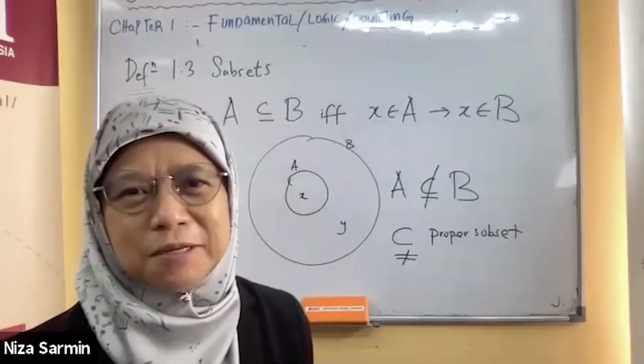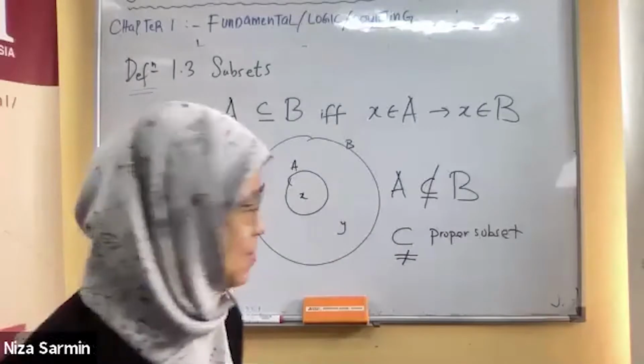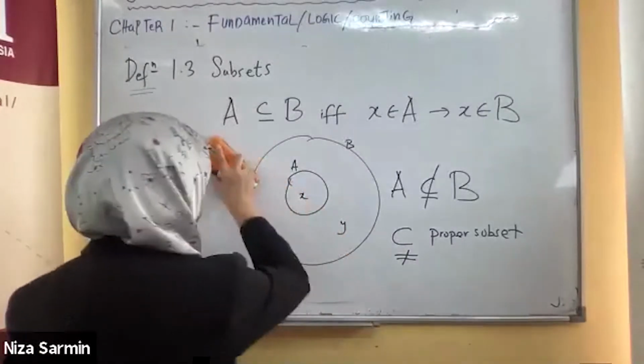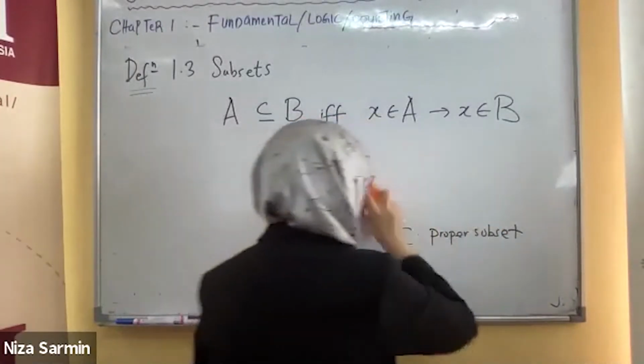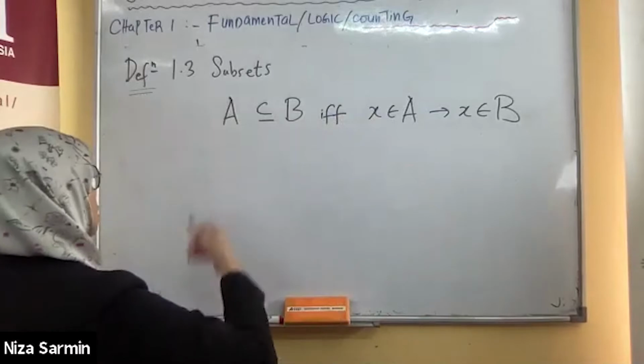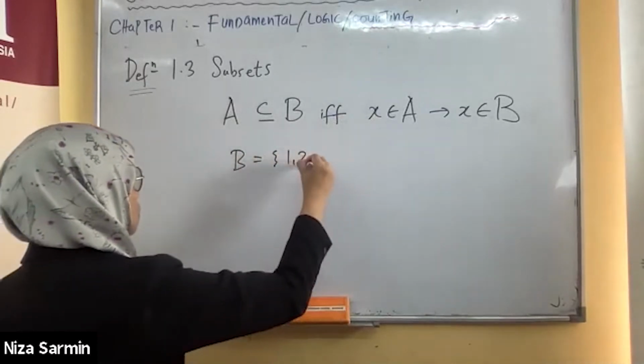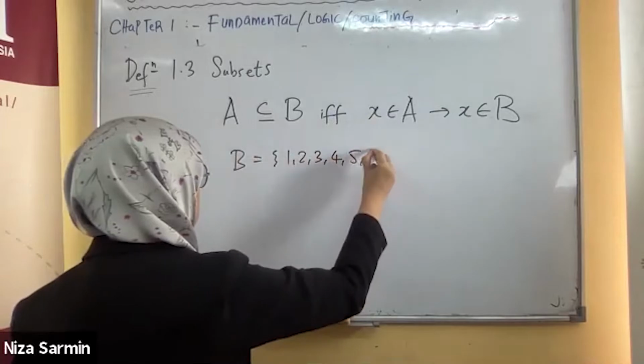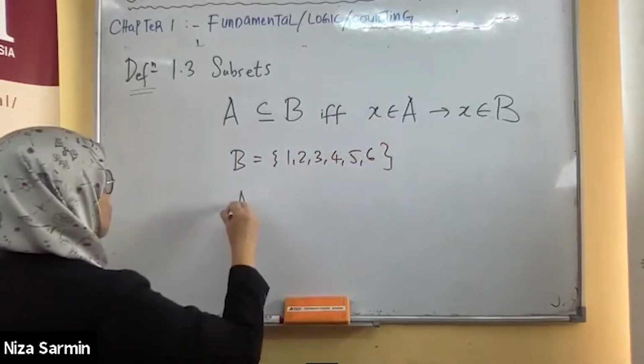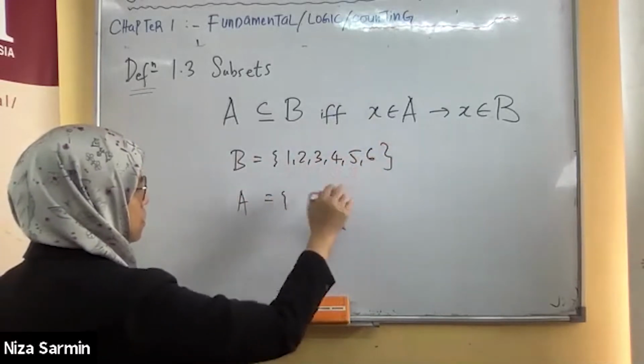Okay, next would be an example. It is too easy, you just look through, but maybe I just leave one. If B is {1, 2, 3, 4, 5, 6}, A can be any of the subsets, right?